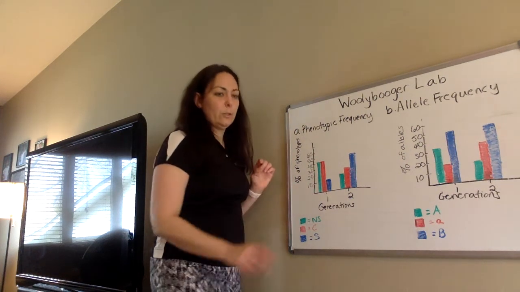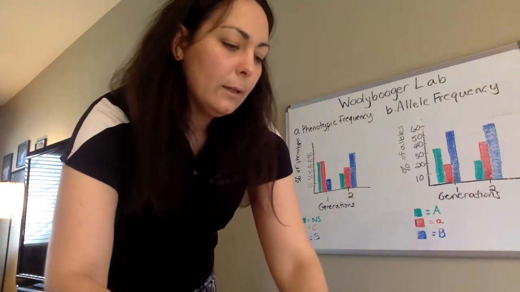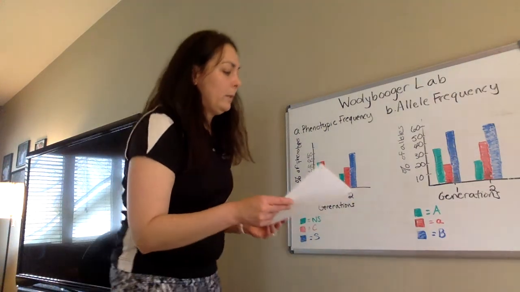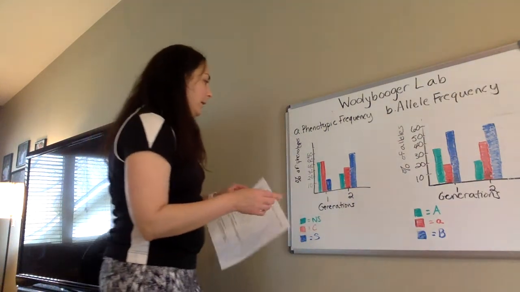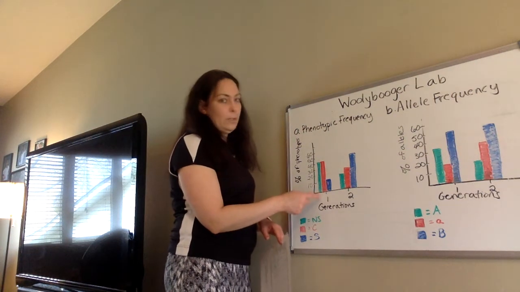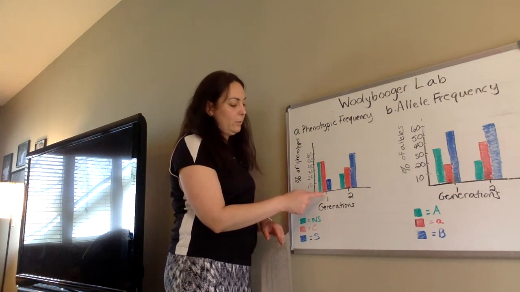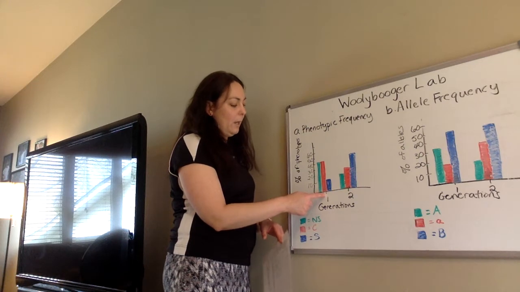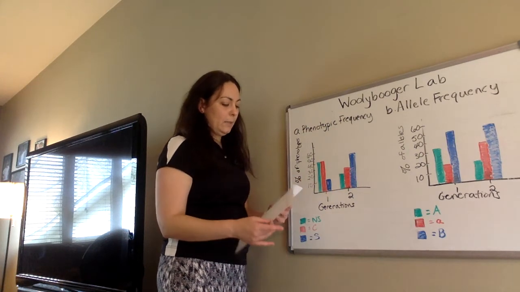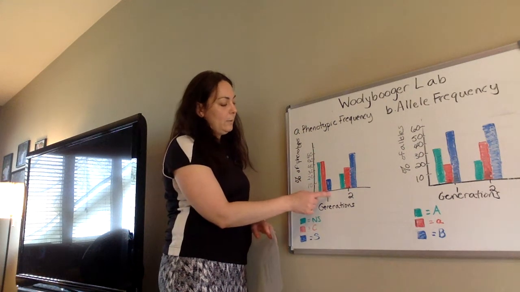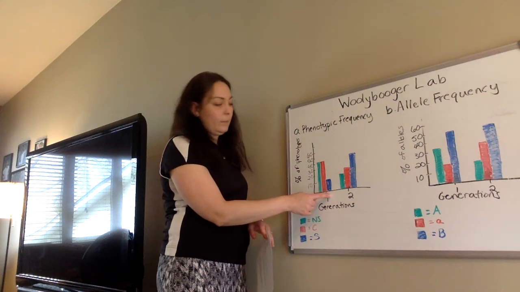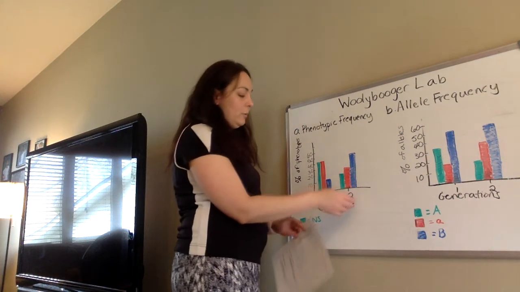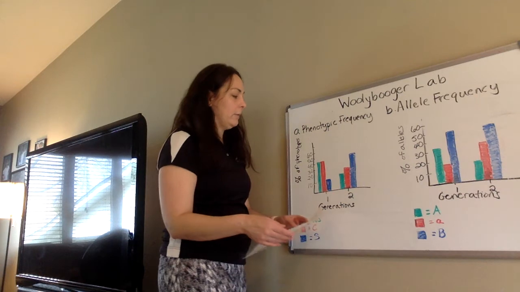So if you recall, we started out in generation 1, we look at our data, with 42.9% of the population having narrow spatulas, 42.9% had clothespins, and then only 14% had a spoon. Okay. Then in generation 2, that changed.